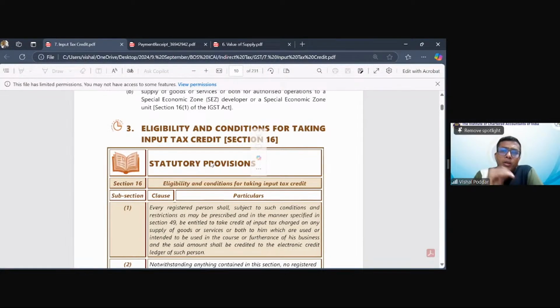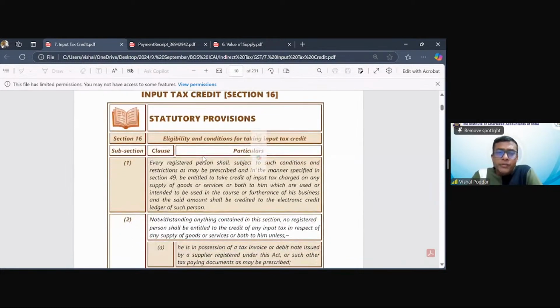So same like your naughty brother who is even taking away your chocolate, or like your kind-hearted sister who is giving even her share of chocolate to you. Similarly, 18 either gives you credit in some special circumstances or takes away your credit which you were already allowed under section 16. So 16 gives you credit, 17 blocks the entire credit or proportionate credit, and 18 allows or disallows credit in some exceptional circumstances.